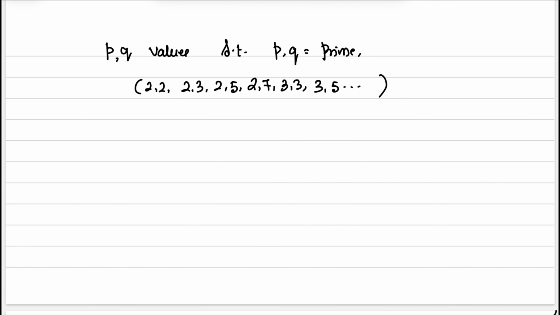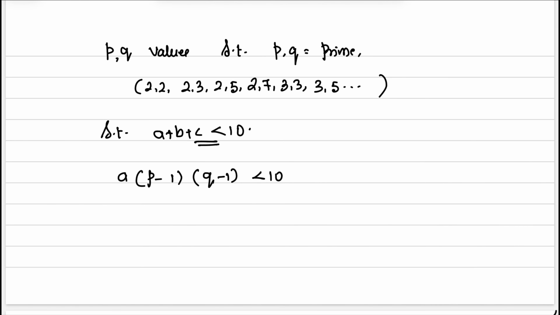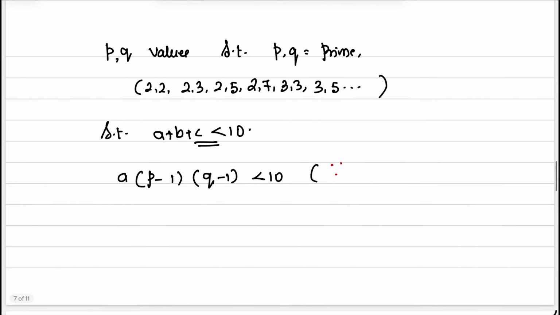But ultimately the value of a plus b plus c cannot be such that a plus b plus c is less than 10. That means a into p minus 1 into q minus 1 is less than 10, because we have got the condition from above.